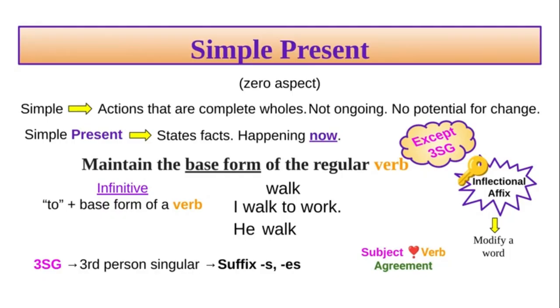We're just going to add the suffix s. The s modifies this regular verb in the simple present. He walks to work. In this sentence, the action is complete and factually stated. It is not ongoing, and there is no potential for change.